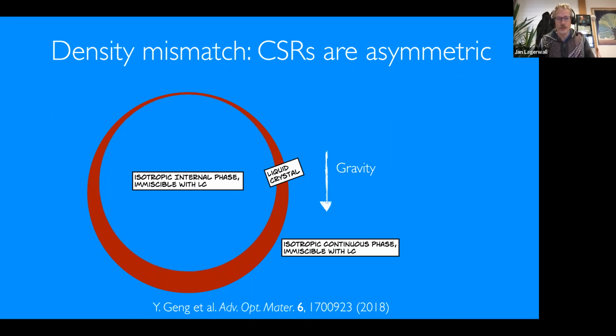If the liquid crystal phase is instead denser than the water, then it will be the other way around. And this asymmetry of the shells turns out to be very important for the way we make the shells in the end.